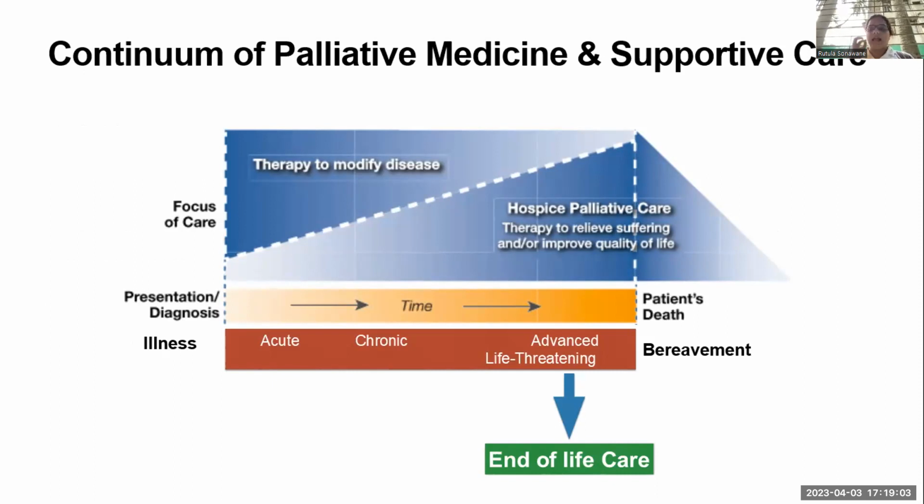Basically, it starts as soon as you diagnose a life-limiting illness, with waxing and waning of our inputs in patient care, because sometimes the symptoms might be more, sometimes less. Our input slowly becomes more, especially when the disease-directed treatment is not doing as good a job as it was previously, and our care has now shifted beyond death to bereavement care as well.